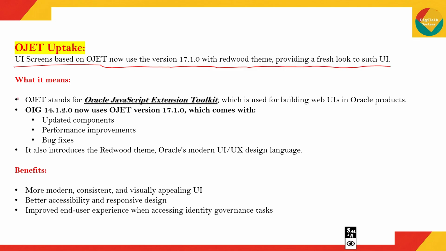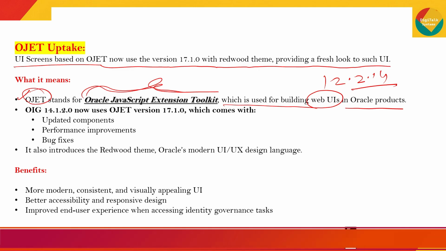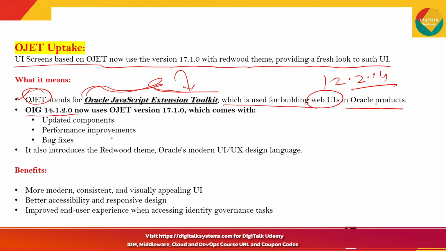OJET stands for Oracle JavaScript Extension Toolkit, which is used to build web interfaces, specifically in Oracle products. Till 12.2.1.4, the UI for OIM or OIG was developed using the JavaScript Extension Toolkit, OJET. Now in OIG 14.1.2.0, the version of OJET is upgraded.